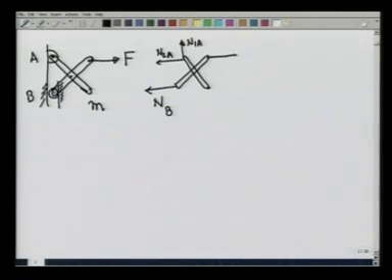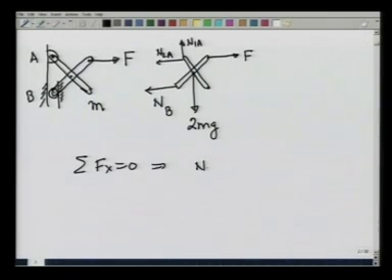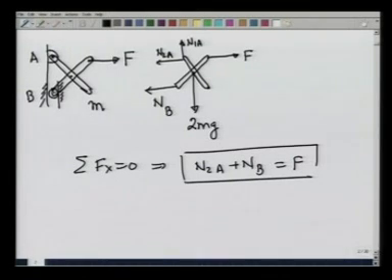The force F acts here, and the overall weight 2mg pulls it down. Summation Fx equal to 0 gives N2A plus NB equals F. Similarly, summation Fy equal to 0 gives N1A equals 2mg.